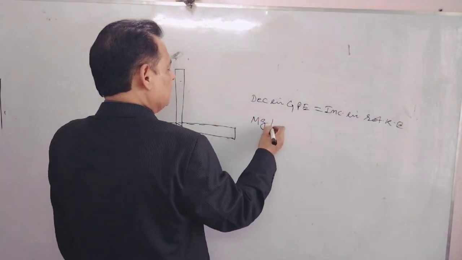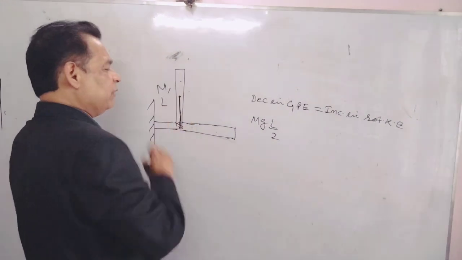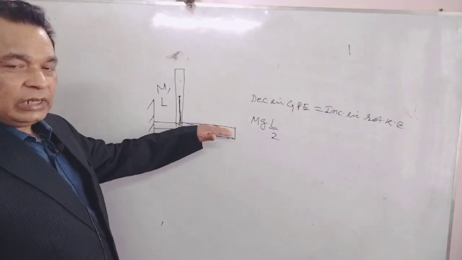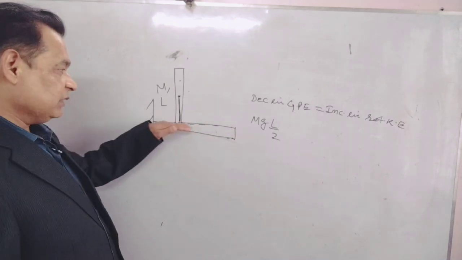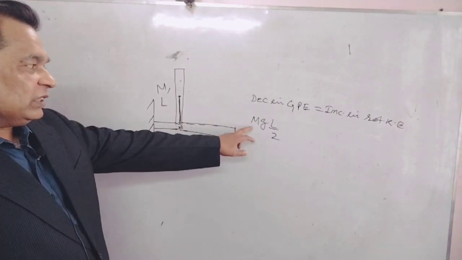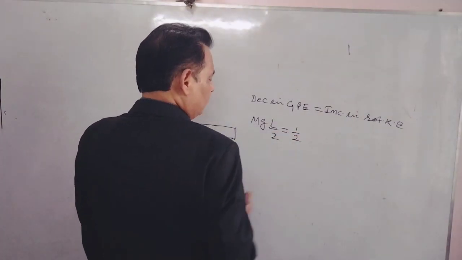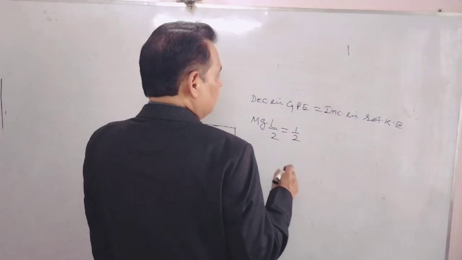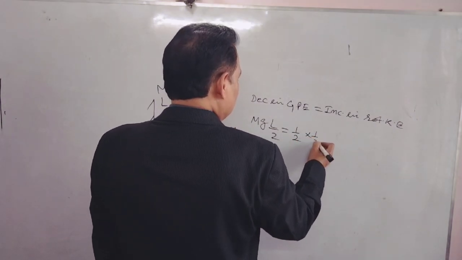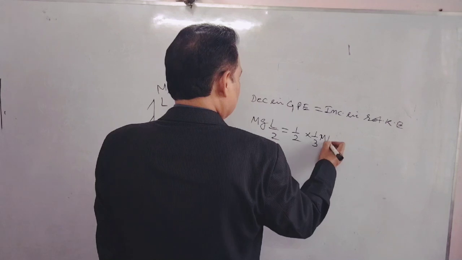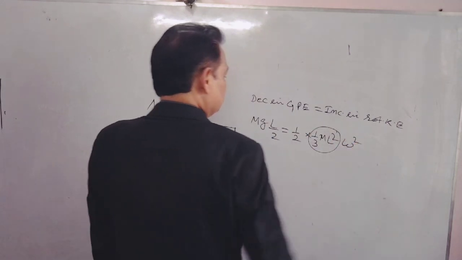Sure, this is mg L by 2. Its center of mass is at L by 2 height. When it becomes horizontal, the height of the center of mass with respect to this axis is 0, at the level of the axis. So the decrease in potential energy is mg L by 2. It should equal the increase in rotational kinetic energy of this rod, half I, where I is 1 by 3 ml square, omega square.